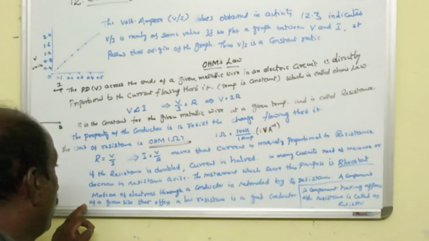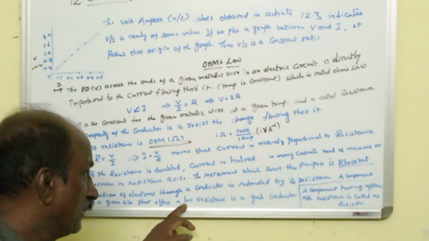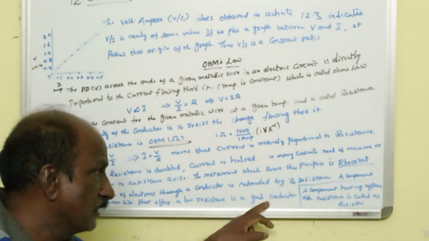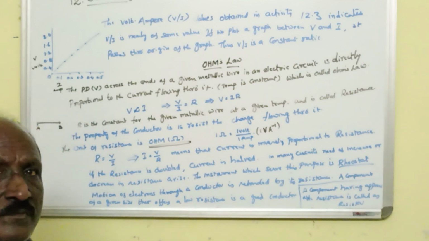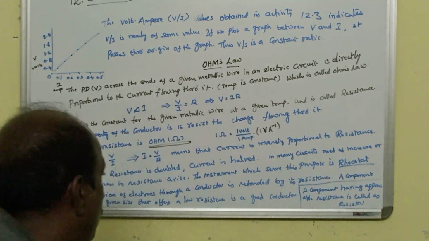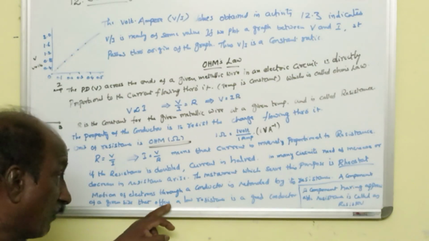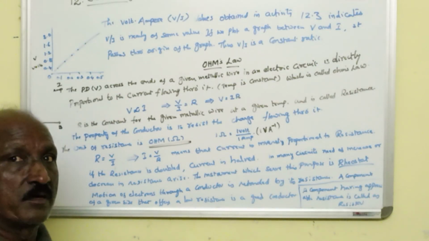A component of a given size that offers a low resistance is a good conductor.